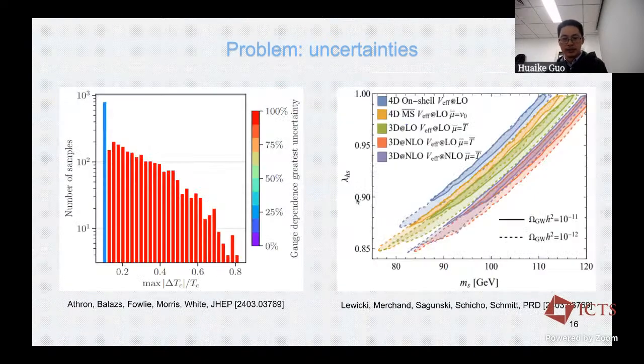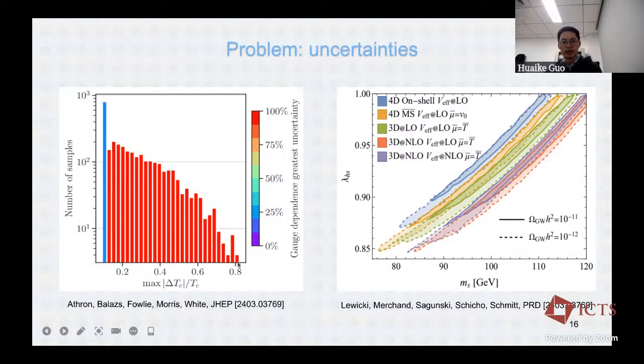So there are two plots given by Peter Athron and his collaborators and Marek Lewicki and his collaborators, showing intuitively the uncertainty on calculations, for example, on the critical temperature and on the inference of the model parameters, using the uncertainty from the finite temperature effective potential calculation.